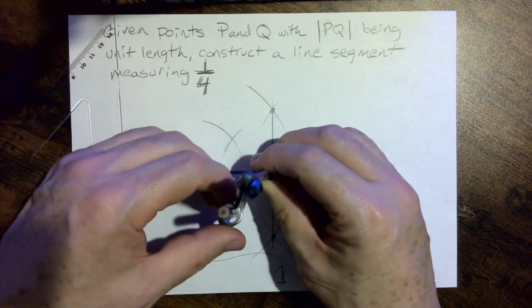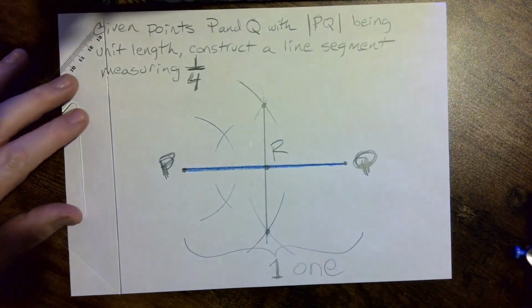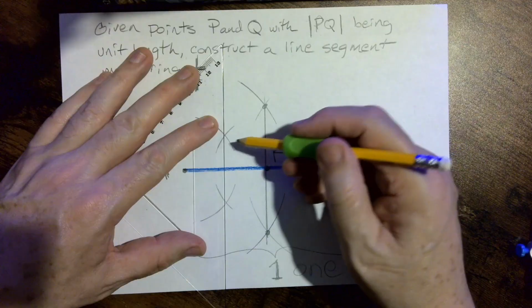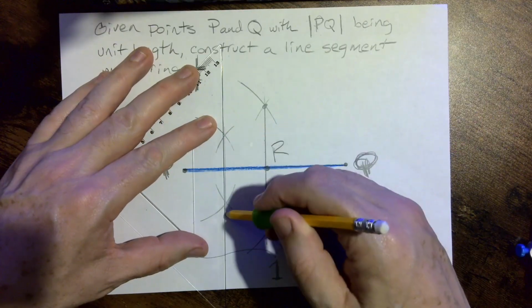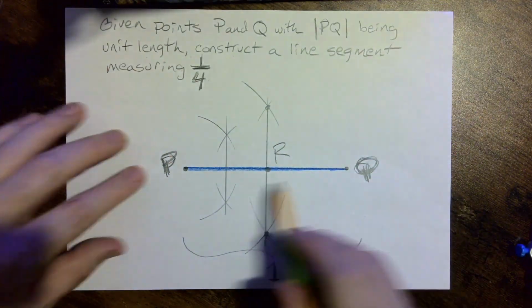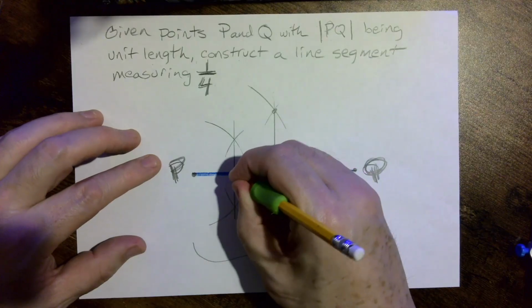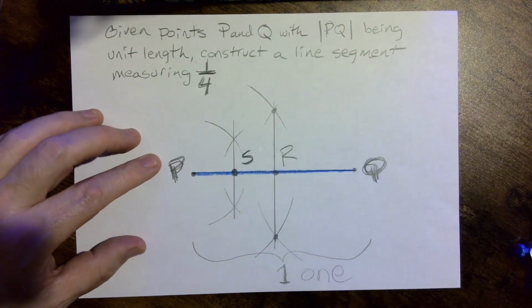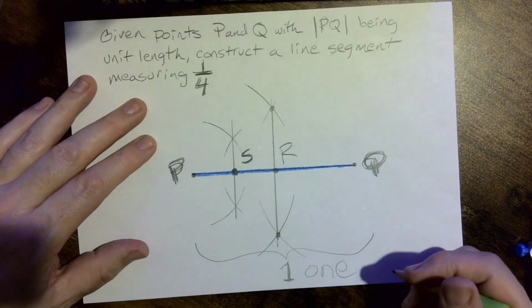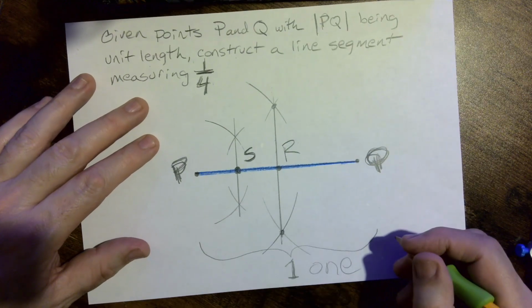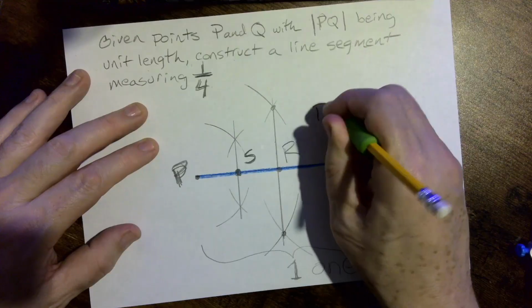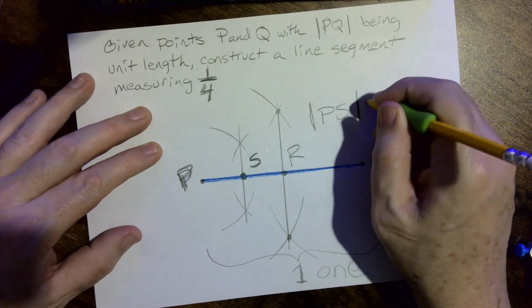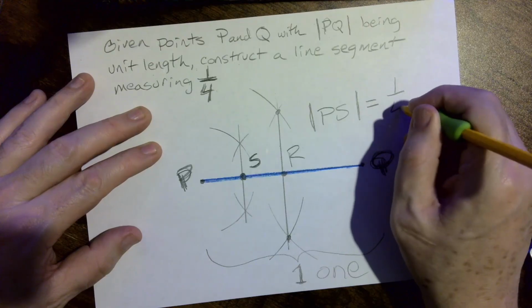I have another perpendicular bisector, and this perpendicular bisector goes through the line segment at a point S, or T, or W, or whatever letter you want to call it. PS, that's equal to 1 over 4.